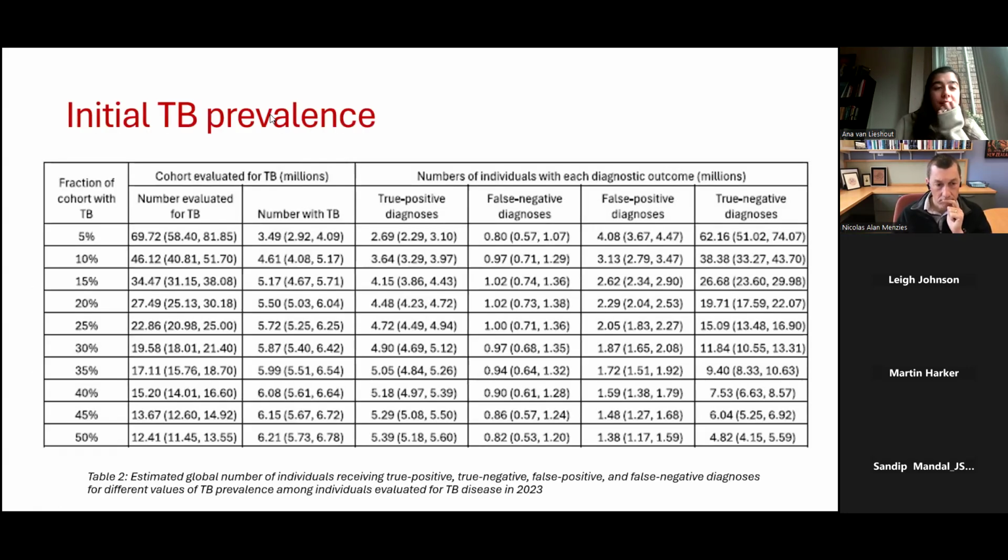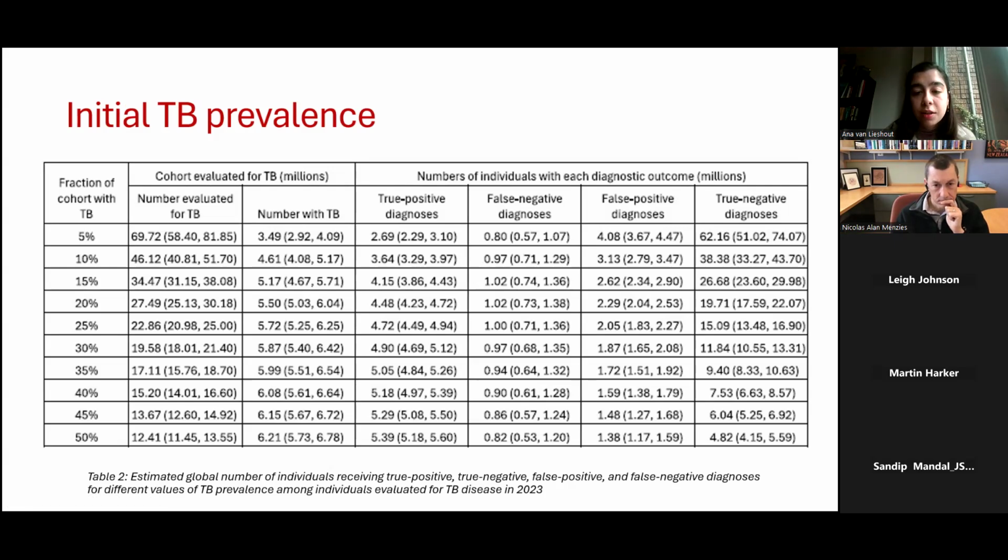And I think the more interesting robustness check is to vary the initial TB prevalence, between 5 and 50%. Overall, we still see that there's a high number of incorrect diagnoses, from 5% up to 50%. That doesn't really affect it too much. The values, and exactly the balance between the two, will be adjusted quite a bit.